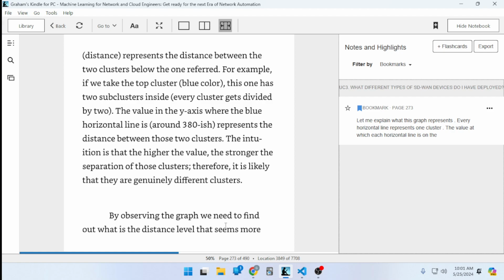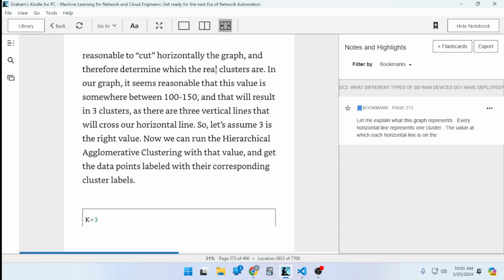By observing the graph, we need to find out what is the distance level that seems more reasonable to cut horizontally the graph, and therefore determine which the real clusters are. In our graph, it seems reasonable that this value is somewhere between 100 and 150. And that will result in 3 clusters, as there are 3 vertical lines that will cross our horizontal line.